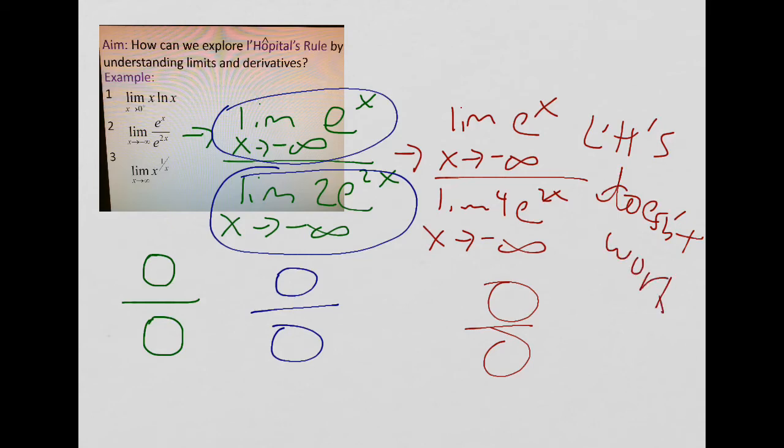So don't jump ahead and always think this is a surefire way to do all my limit problems, because it's not. If you remember going back, if you could just simplify the expression, you can use that behavior to answer your limit. We're going to do that. So for number 2, e to the x over e to the 2x, same base, subtract the exponents.